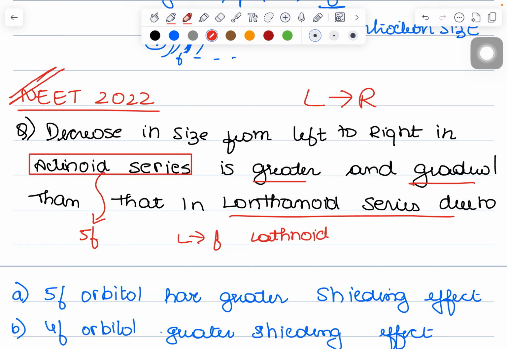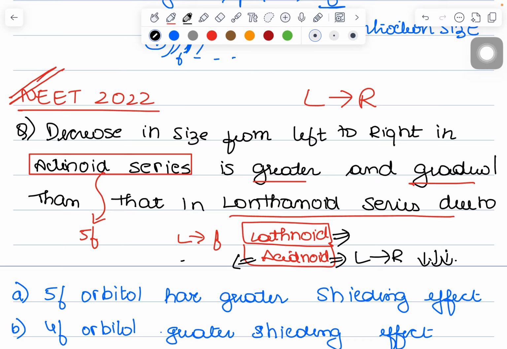In the periodic table the lanthanide series comes first and then comes the actinoid series, and they are saying that from left to right the atomic radius of actinoids decreases very fast than that of lanthanides. Why? Because actinoids have 5f orbitals, whereas lanthanides have 4f orbitals.